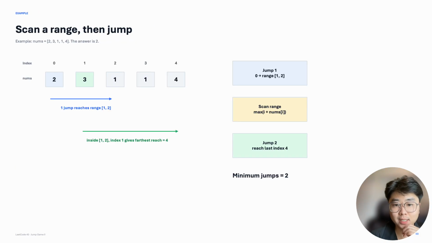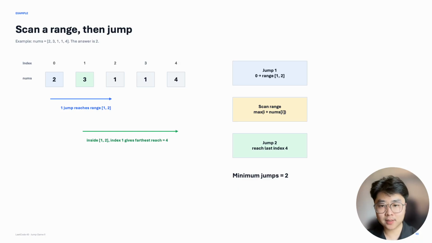Let's look at the example. At index 0, the value is 2. That means it can jump to index 1 or index 2. But the important point is we should not jump blindly. We first absorb the whole reachable range.